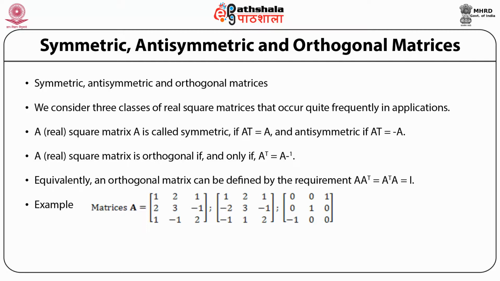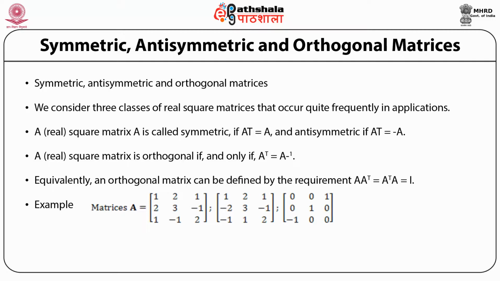In another example, consider the matrix with first row being 1, 2, 1, second row being minus 2, 3, and minus 1, the third row being minus 1, 1, and 2. If we take the transpose of the matrix, it is equal to minus A. So, the matrix is an antisymmetric matrix.